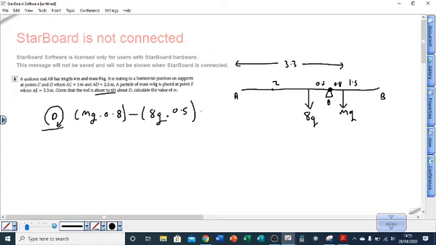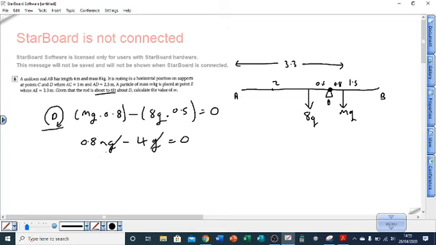Okay, and we know it's still in equilibrium, even though it is limiting equilibrium because we're on the point of tilting, it still equals 0. So I've got basically 0.8mg, minus a half times 8g, that is 4g, is equal to 0.